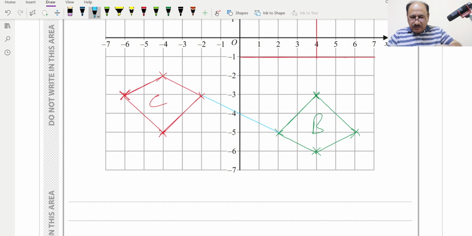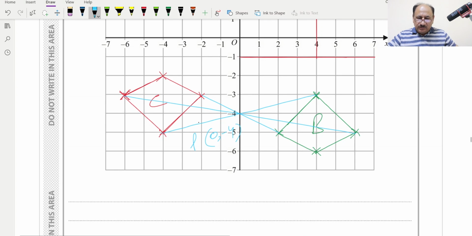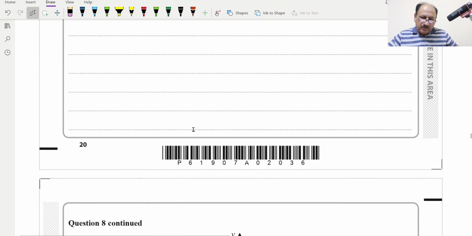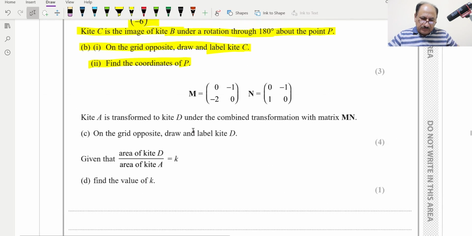We can draw this line, and this line as well, and we can join even the other vertex, like this one. It is also passing through the same point, this is the center of rotation. The center of rotation is 0 and -4. So 0 and -4 are the coordinates of this P. This is the center of rotation, and they are asking for this coordinate.